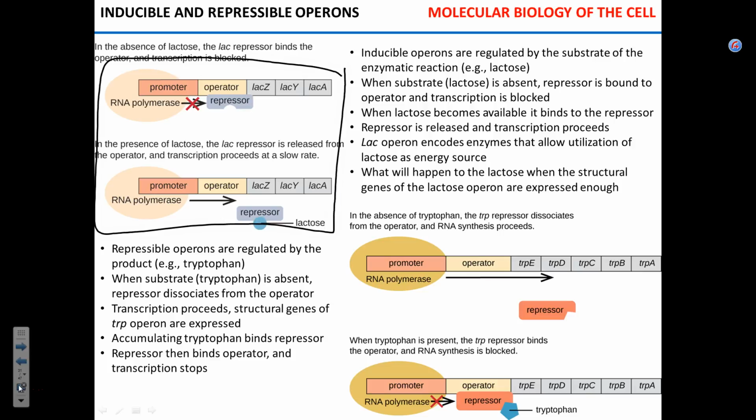And we're going to use as an example the lactose operon, probably one of the most studied bacterial genetic elements in science. The lactose operon consists of several genes that produce enzymes necessary for utilization of lactose, either as a nutritional or as an energy source. Normally, transcription of these genes is repressed.